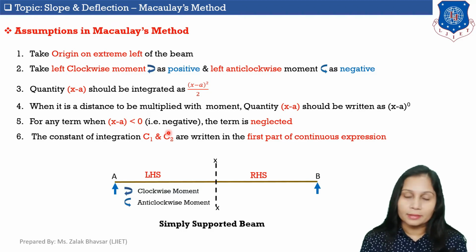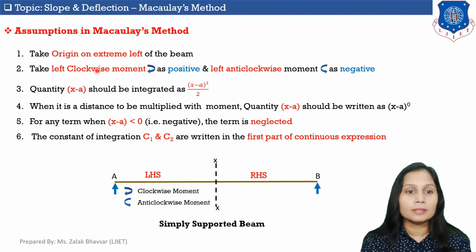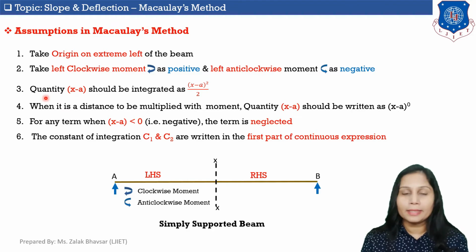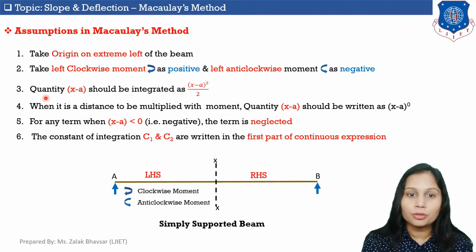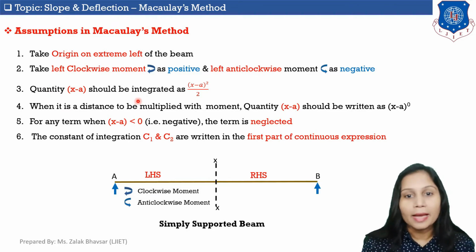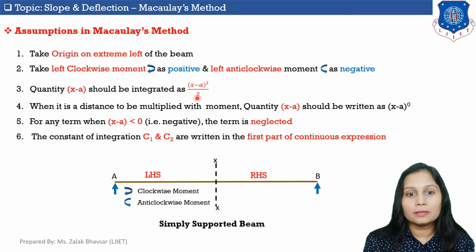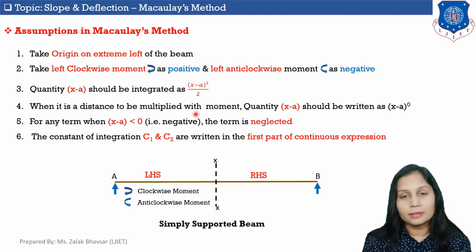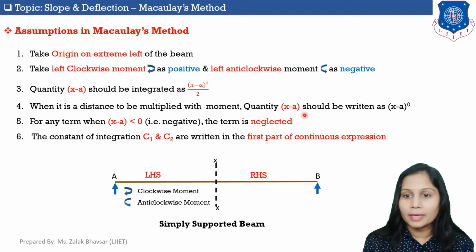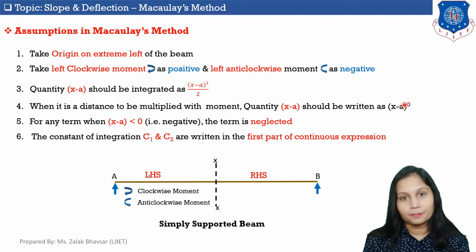anti-clockwise movement as negative. Now the third assumption is quantity x minus a should be integrated as (x minus a) squared by 2. Now whenever distance is multiplied with moment, quantity x minus a should be written as (x minus a) raised to 0.